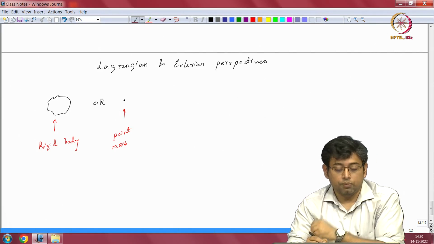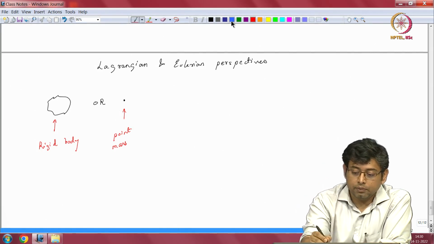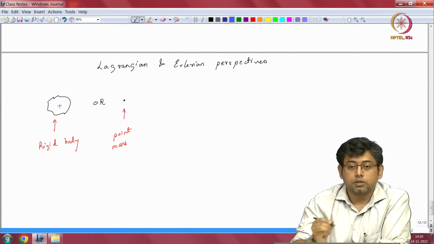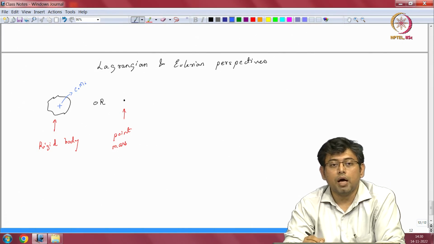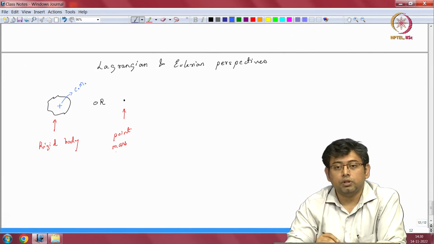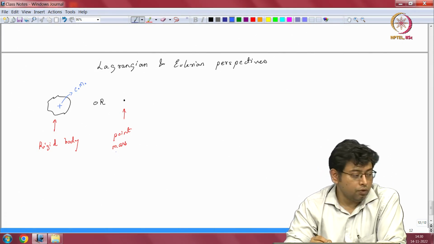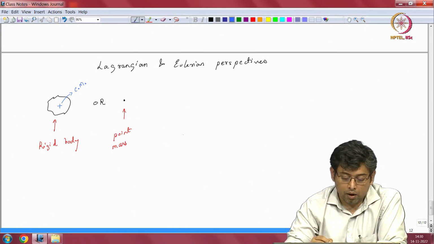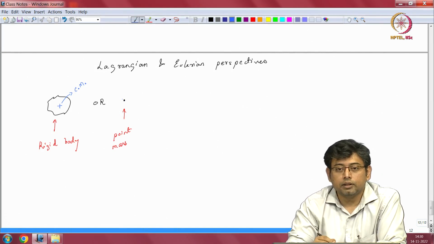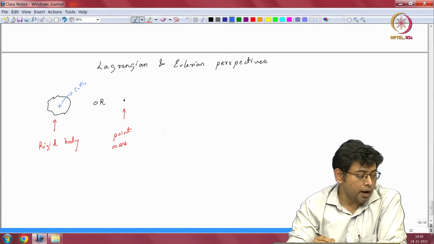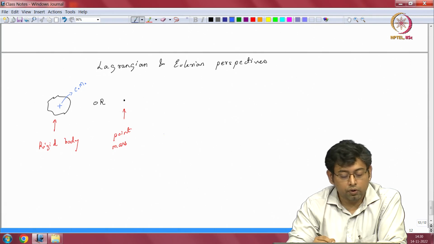In the case of rigid bodies, what we do is we track something called the center of mass. Okay. So let us say we have a body and this body will have a CM or a center of mass, and on the application of forces the center of mass will move and you will track that. In the case of point mass, this is an idealized point, an infinitesimal point, and you are just going to track that as time goes.